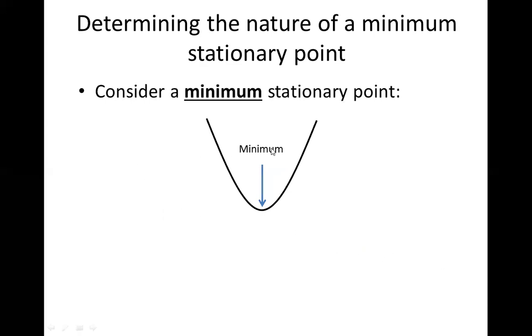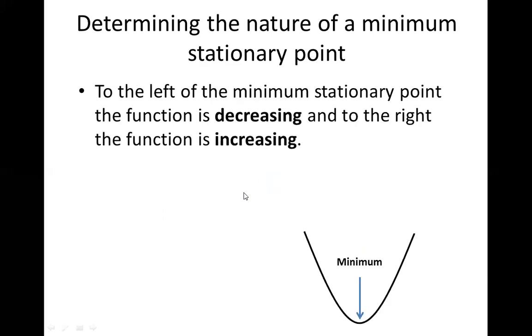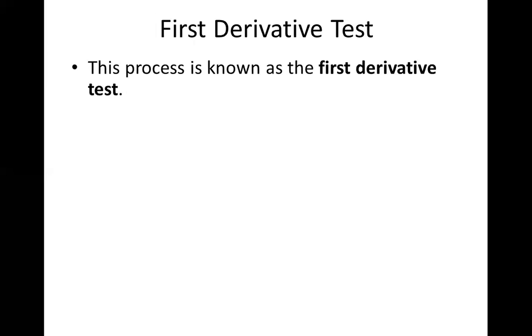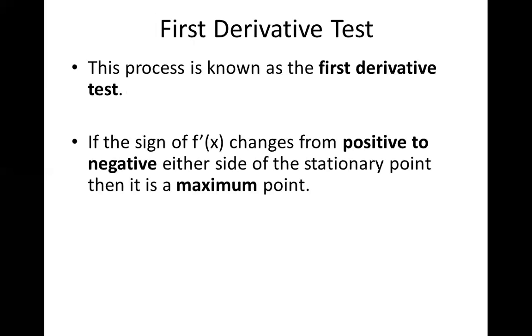Consider a minimum stationary point. To the left, the function is decreasing, and to the right, the function is increasing. Therefore the derivative has changed sign from negative to positive. This process is known as the first derivative test.